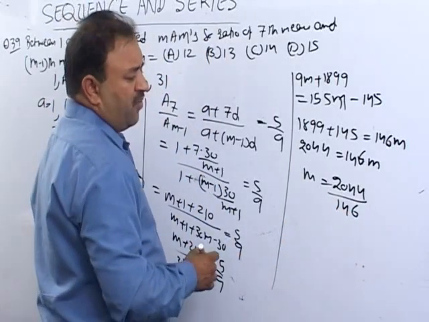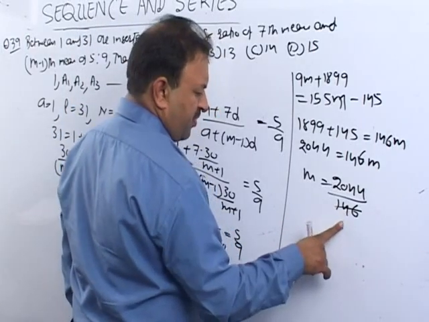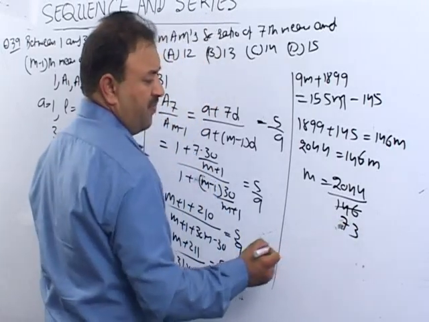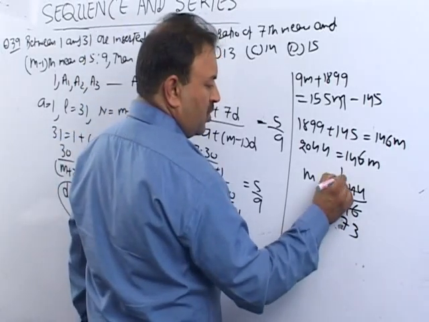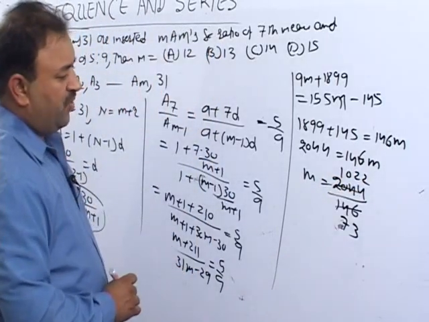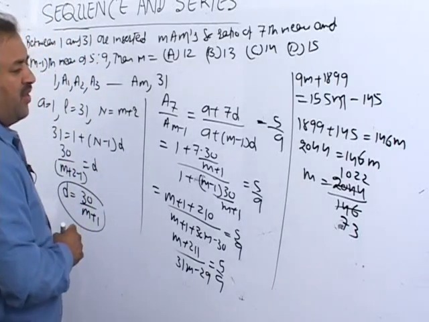So we started from here. We can start from 2, 7, and it comes out to be 3, 2, it comes out to 1022. Now we have to divide it. The options we have been given are 12, 13, 14, 15.